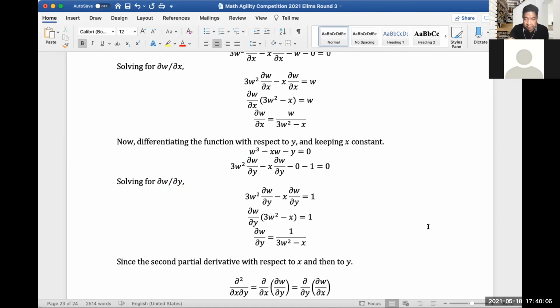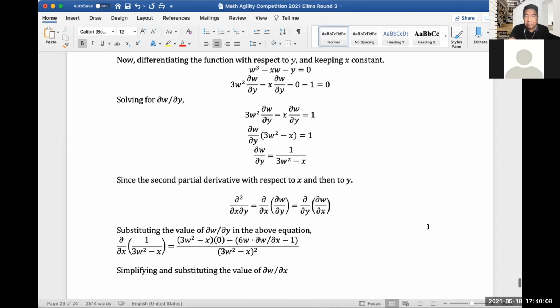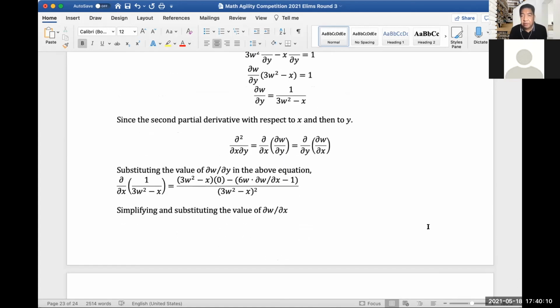Okay, so the second partial derivative with respect to x and then to y is equal to the partial of the partial derivative with respect to y and then x, if you are familiar with Clairaut's theorem, right?